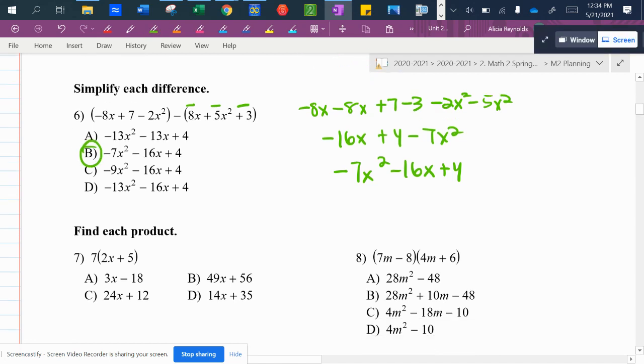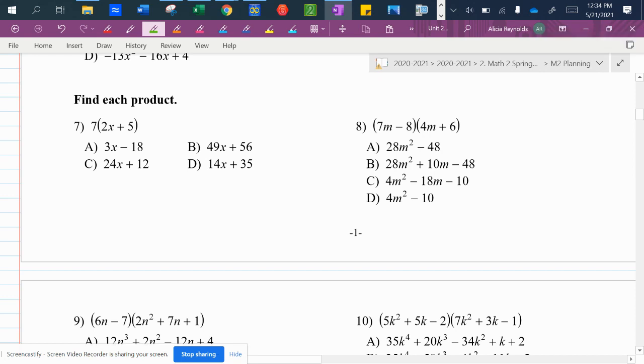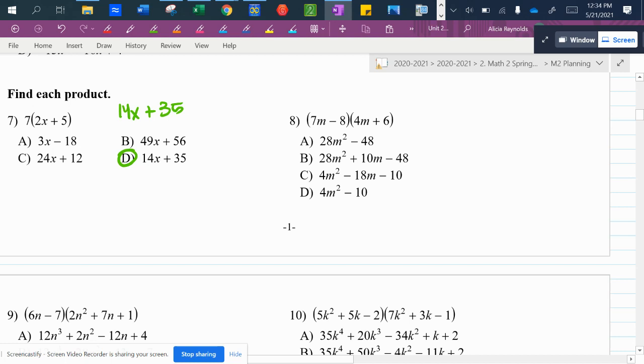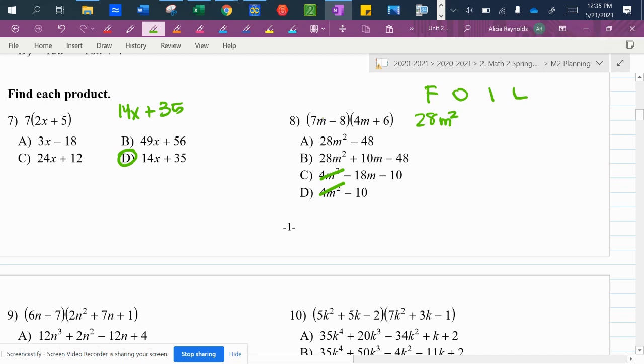When we're finding the products, I have to distribute. 7 times 2x is 14x. 7 times 5 is 35. When I have a binomial times a binomial, I need to either box or FOIL. So FOIL is first, outer, inner, last. 7m times 4m is 28m squared, so I can rule out C and D as wrong answers. 7m times 6 is positive 42m.